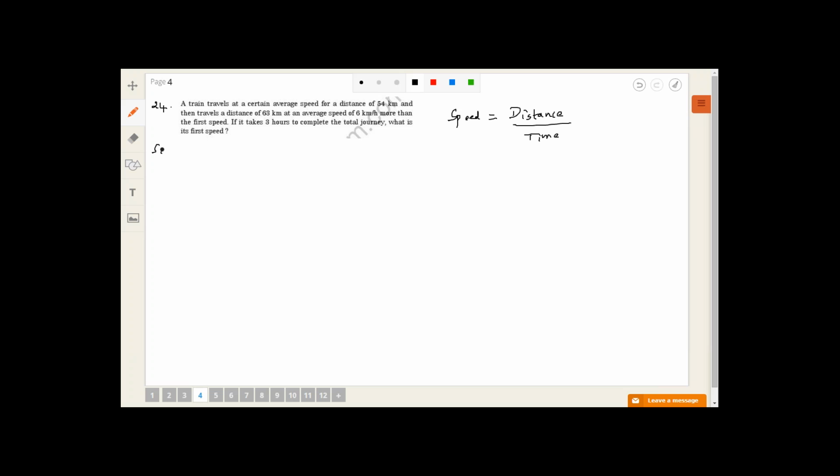So, let the average speed of the first train be x kilometers per hour.